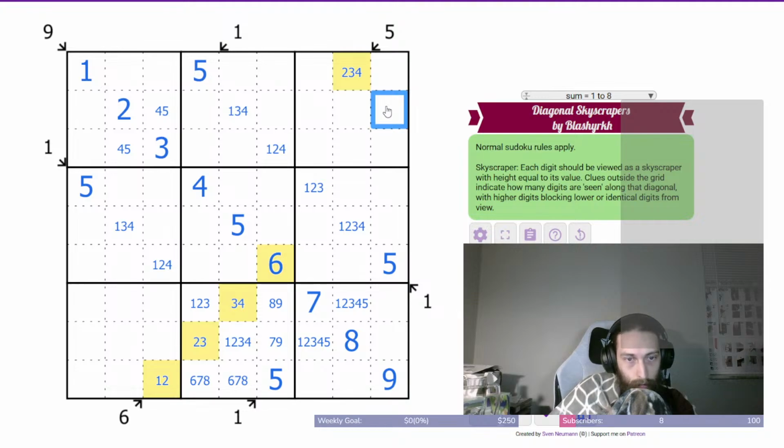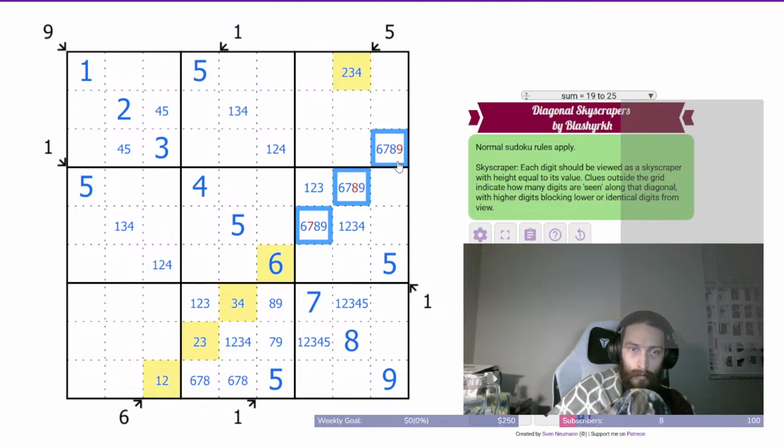Where next? No, I see 2 of these digits. Yeah, that'll be a bit confusing.